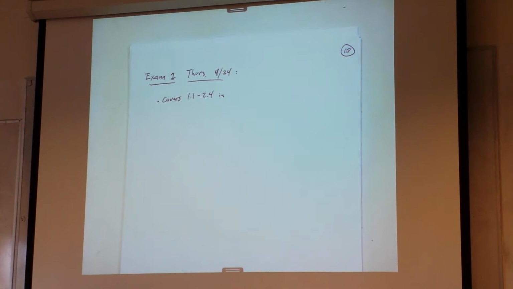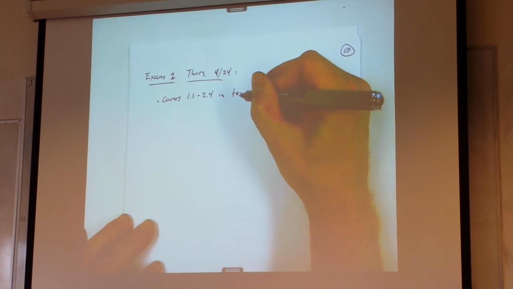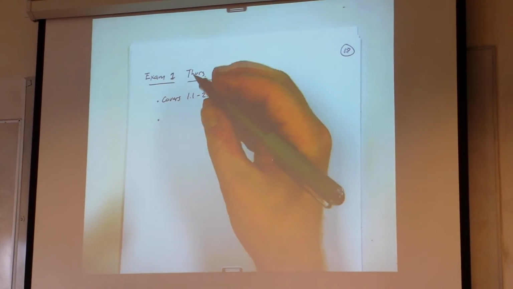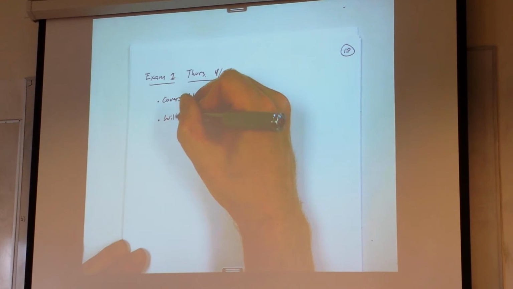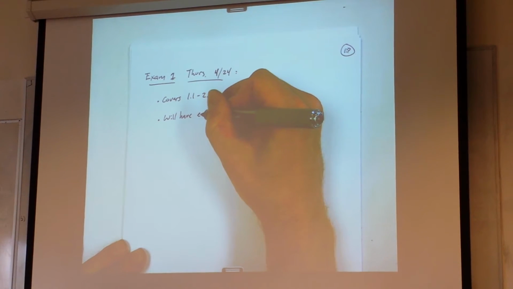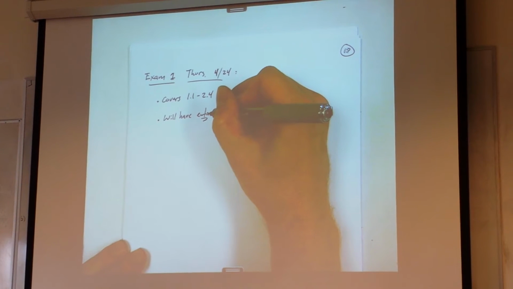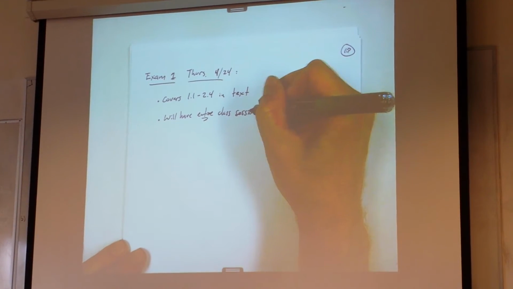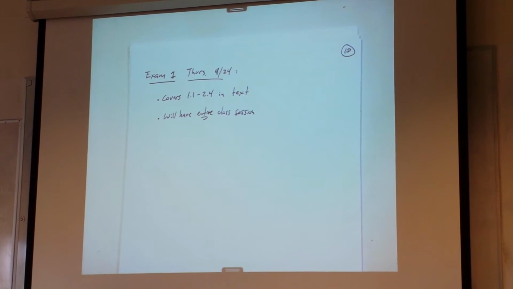No. But all material in there is fair game. You're going to have the entire class session. I'm not going to come in and start talking about second order, third order, or anything like that in here. So we'll just start with it right away.